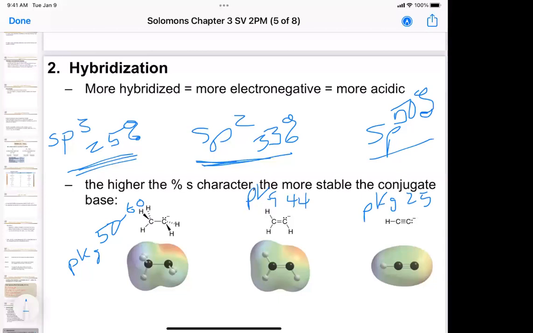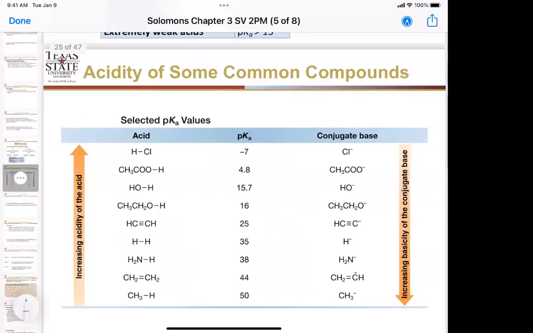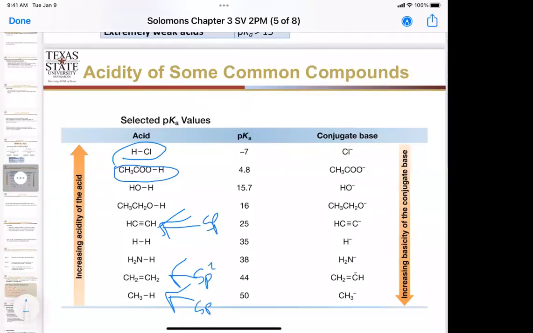If we jump back to this table, we looked at the strong acids, then the carboxylic acids, then the alkenes and the alkane. This is the sp, this is the sp2, and this is the sp3. You see that trend. So hybridization controls acidity on carbon-based acids.